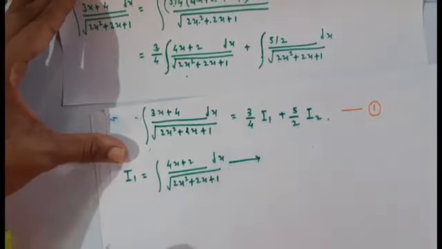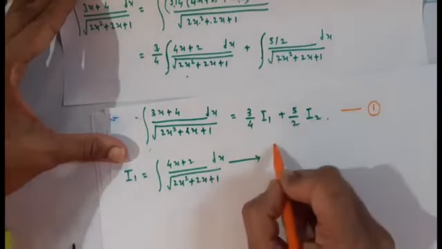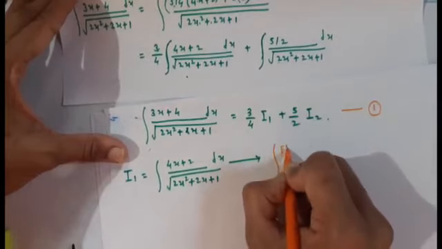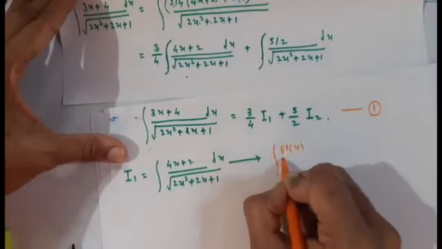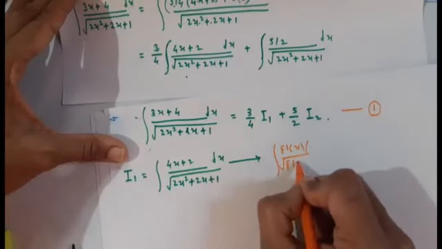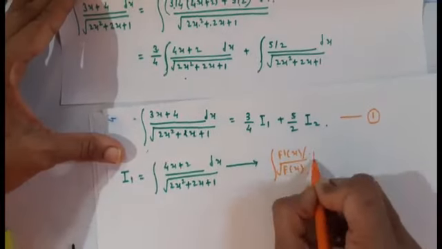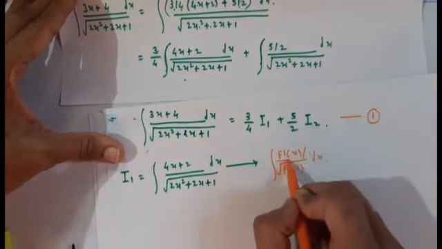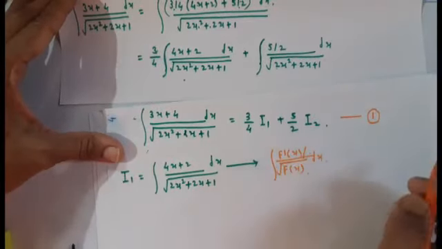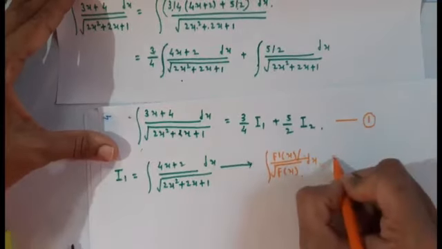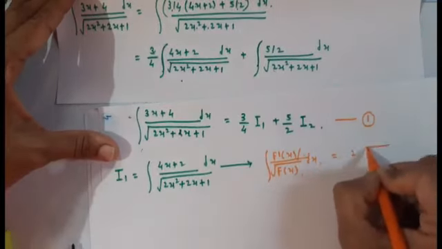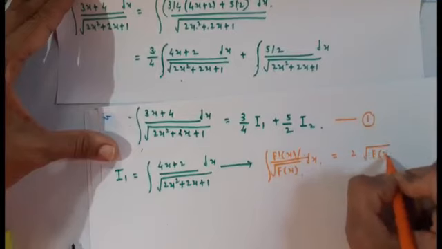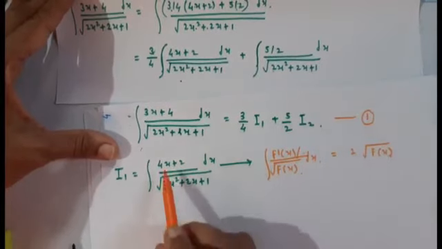And students, this is of the form f dash of x upon square root of f of x, and its integration is 2 root f of x.